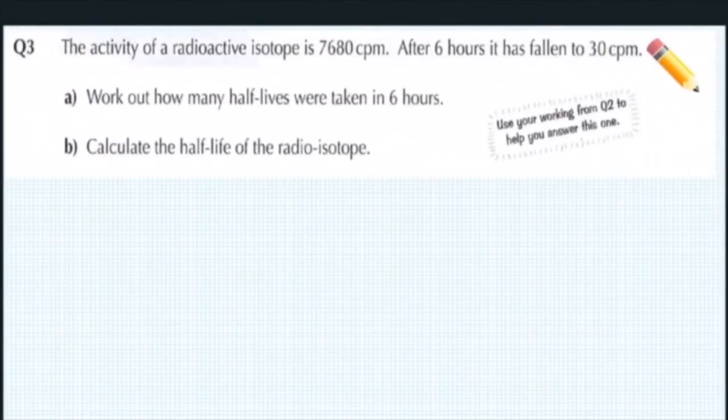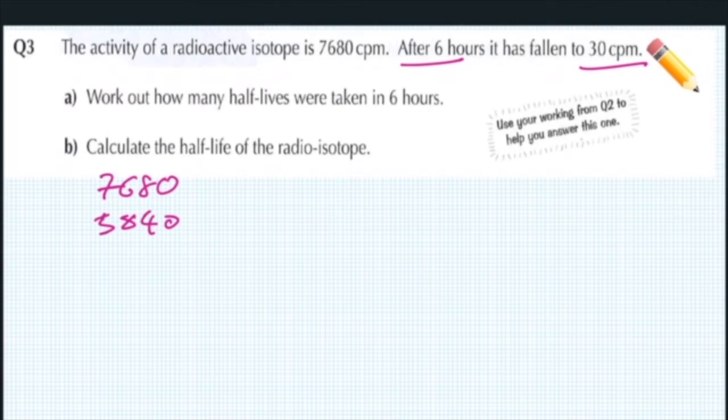Next question is very similar. This time it's just a little bit harder, and we're not given the hints. So the activity of this radioisotope is 7,680 counts per minute, and after 6 hours it's fallen to 30 counts per minute. Okay, so we type in 7,680 into our calculator, divide by 2, that gives us 3,840.